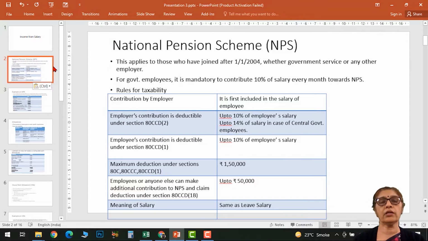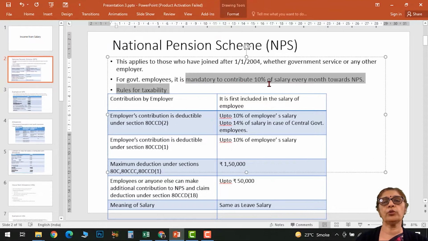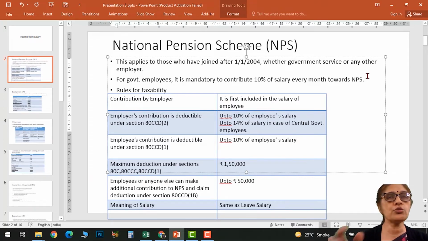But in government, it is mandatory for employees to contribute 10% of salary every month towards NPS. For a non-government employee, an employee may choose to have NPS or not, but a government employee mandatorily has to contribute 10% of his salary towards NPS.